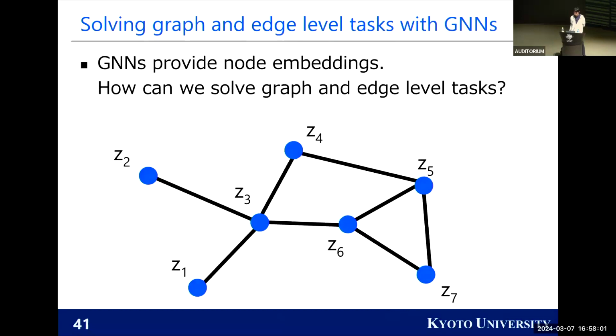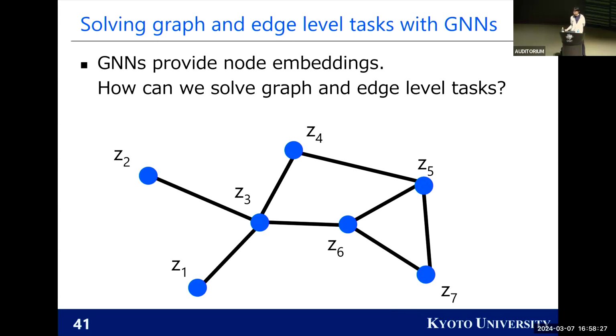Okay, so far we have seen how we can solve node level problems with GNNs, and let's see how we can solve graph and edge level tasks using GNNs. As we saw before, GNNs generate node embeddings for each node, z_v. So if the graph has 7 nodes, then GNNs produce 7 node embeddings.